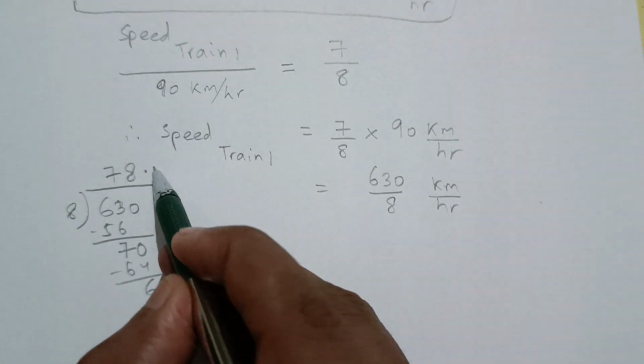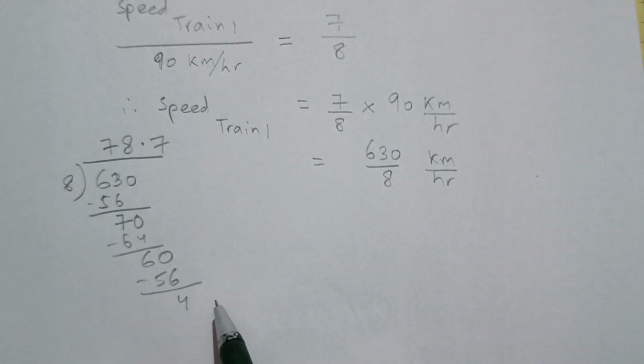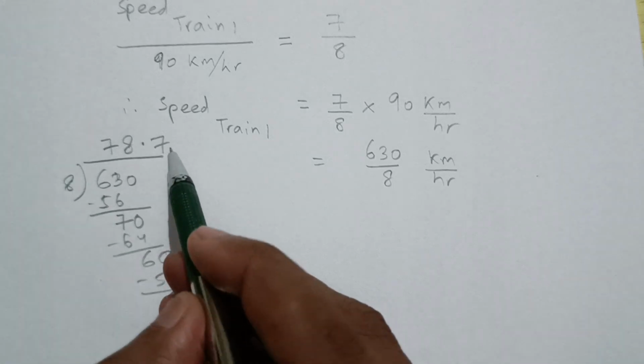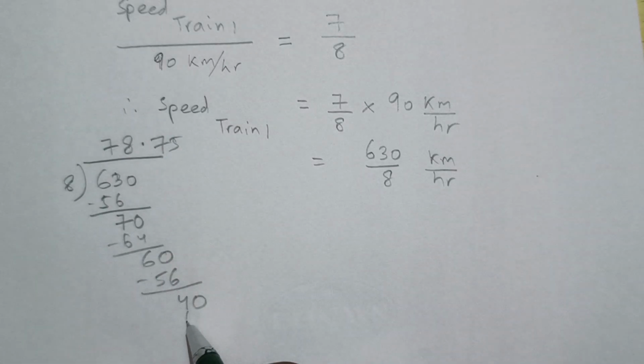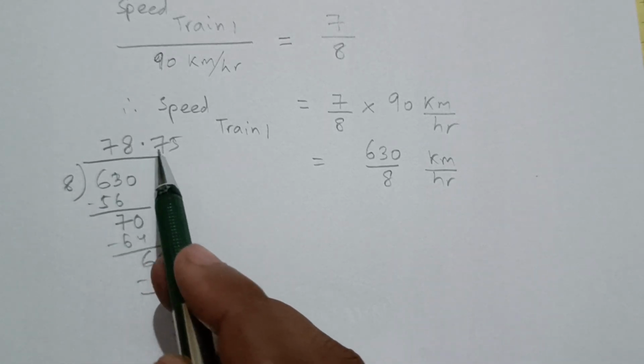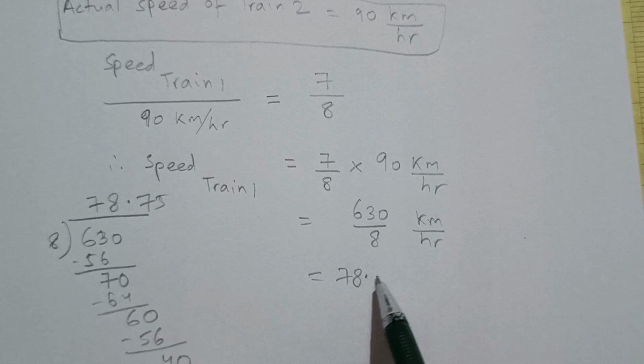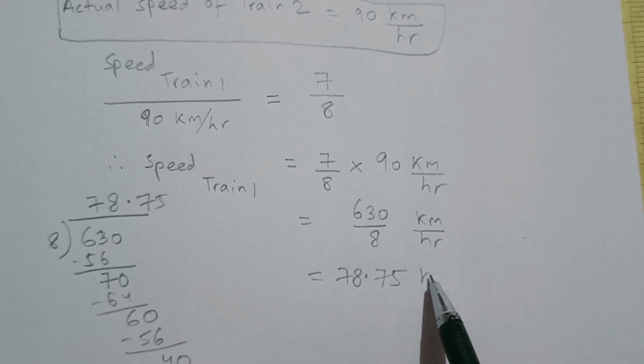So 8 7s are 56, remainder 4. Because of this decimal we will add a 0. 8 5s are 40, remainder 0. So 630 divided by 8 is 78.75. This much kilometers per hour.